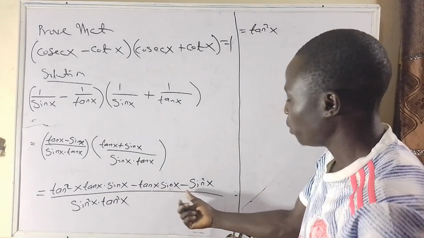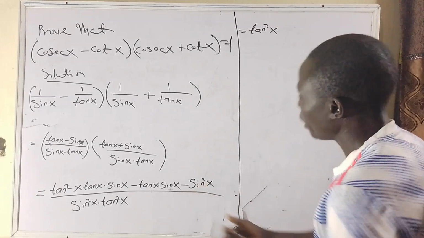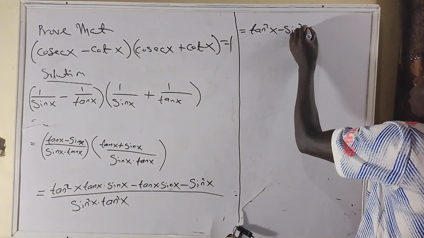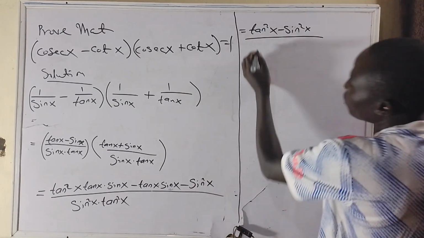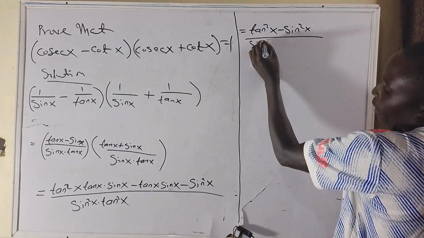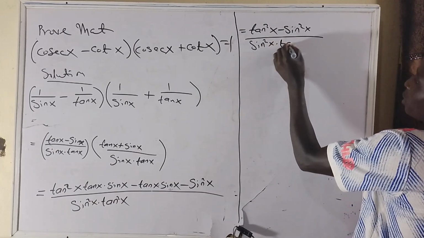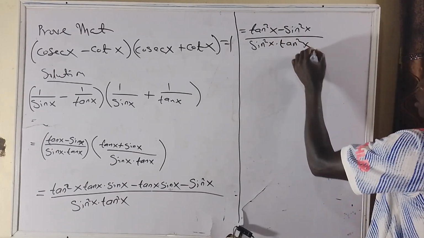Then I will be left with minus sin square x. Then this is minus sin square x all over sin square x multiplying tan square x.